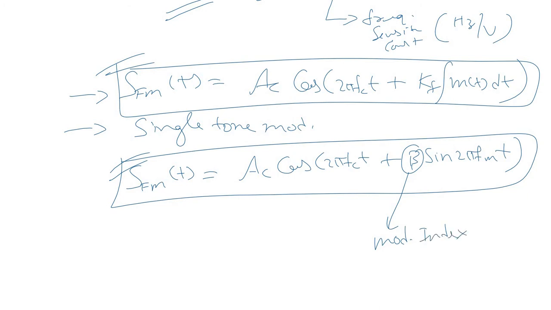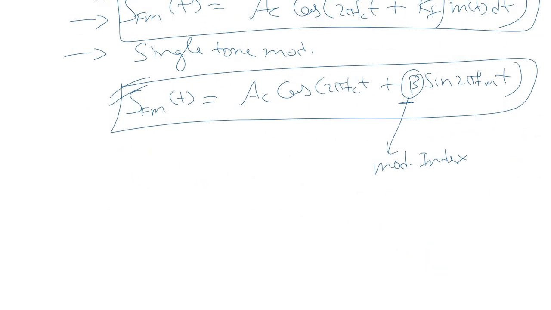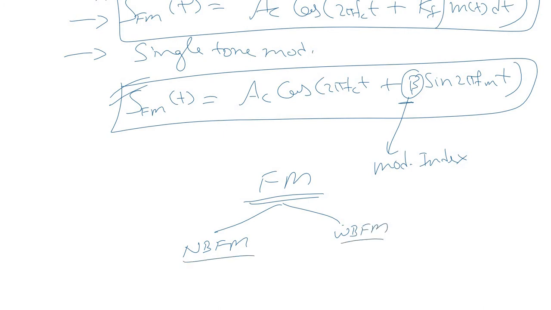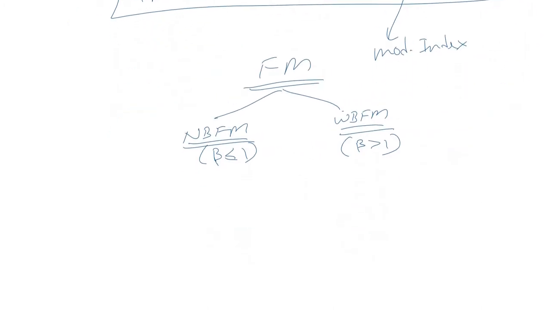Now depending on the value of beta, the FM signal can be categorized as narrowband FM and wideband FM. If beta is less than or equal to 1, it qualifies as narrowband FM, and if beta is greater than 1, it is a wideband FM system.